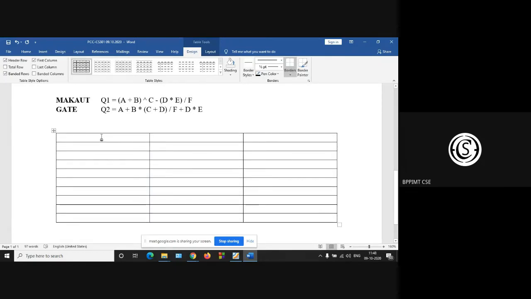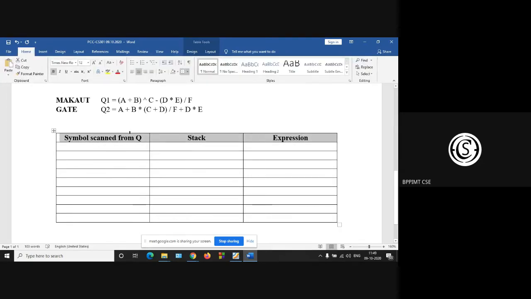What will be the heading for the first row? Symbol scanned from Q, and stack, and this is your expression.